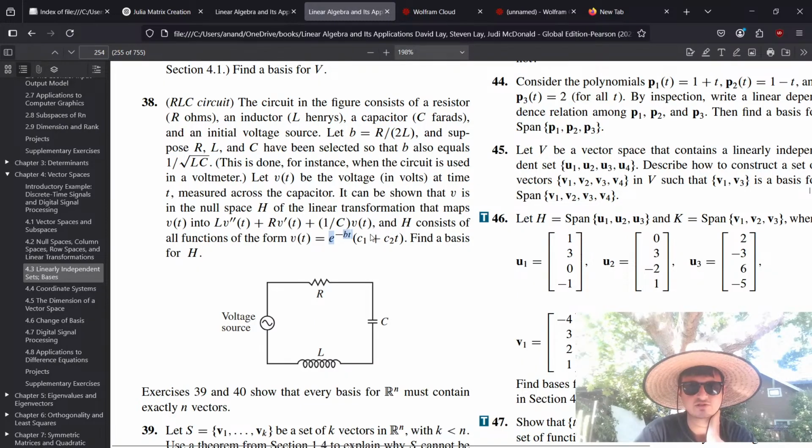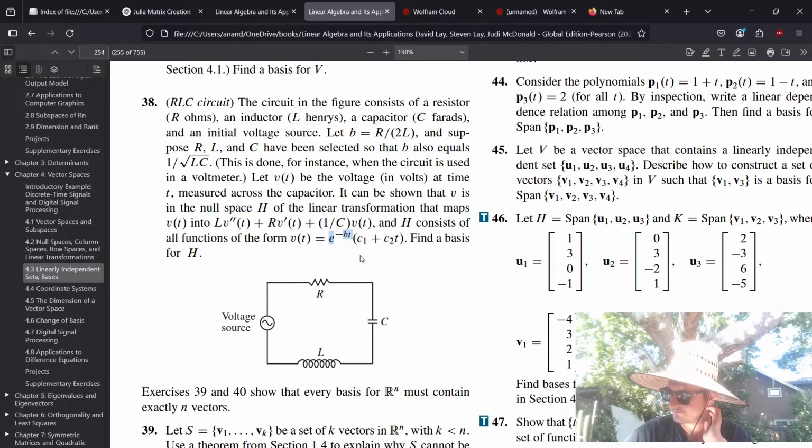And I think that you just take e to the minus bt and t e to the minus bt as your basis, right? So I'm pretty sure for 38, the basis of H is just e to the minus bt and t e to the minus bt.